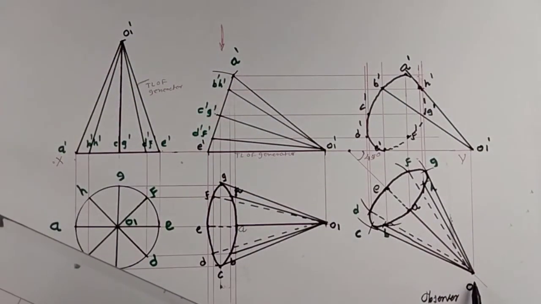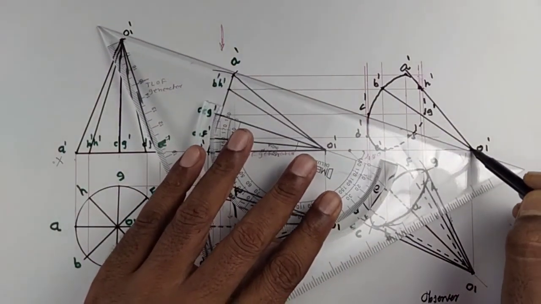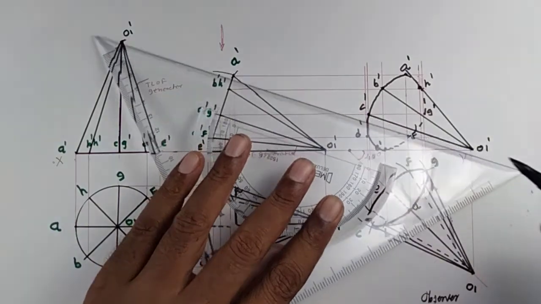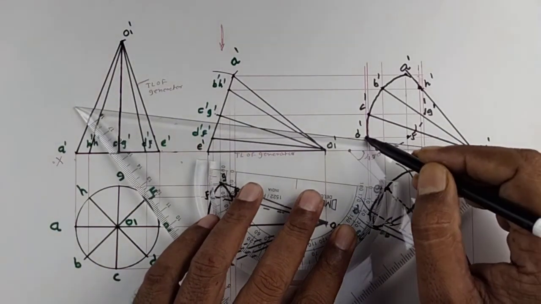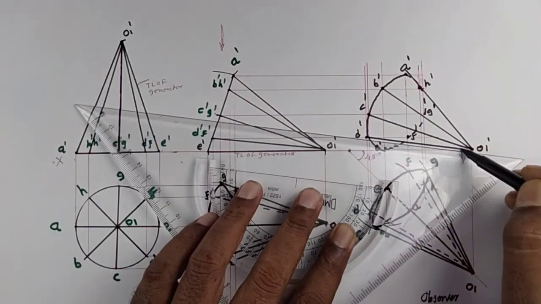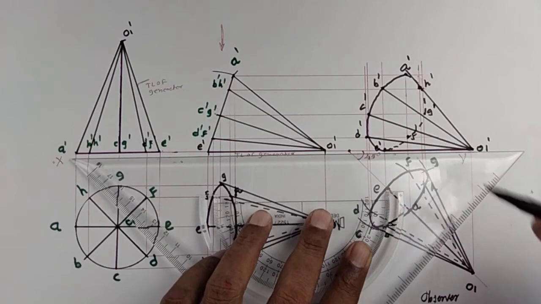Your CO1 is nearer to observer, C dash O1 dash you can draw with dark. D dash O1 dash is dark, and E dash O1 dash is dark.